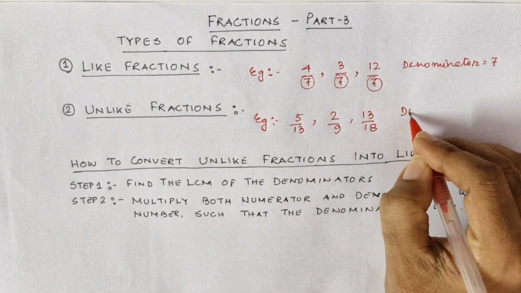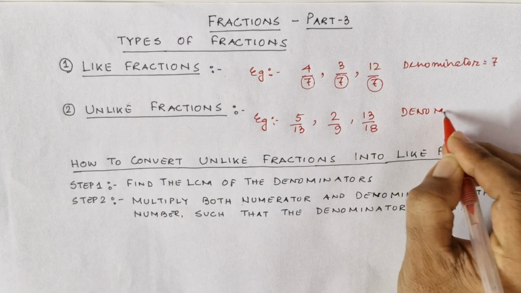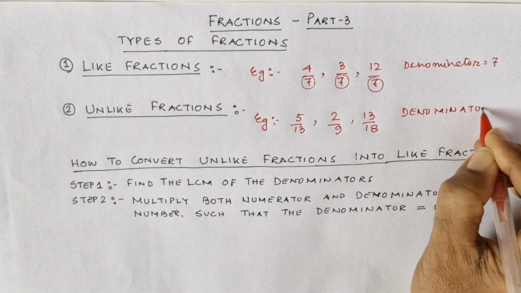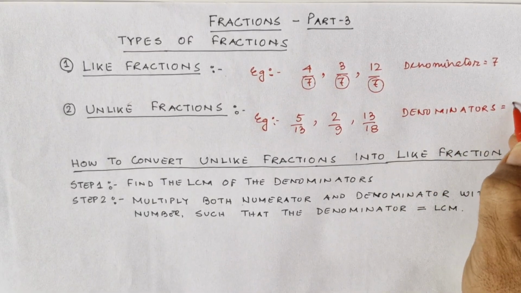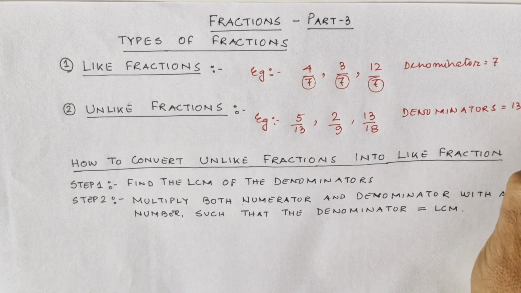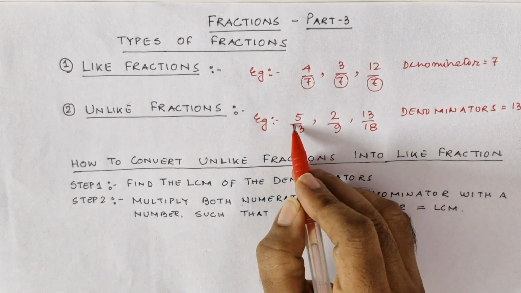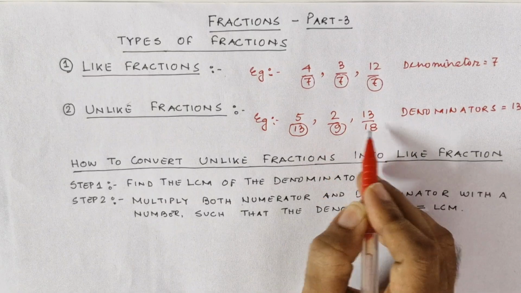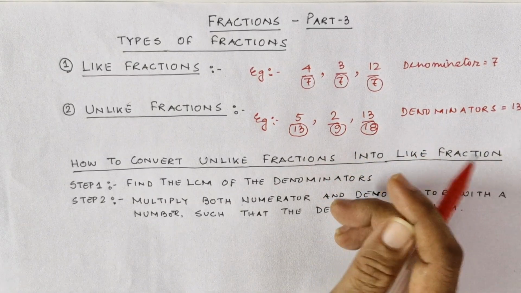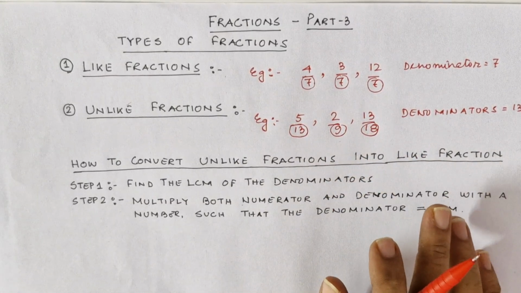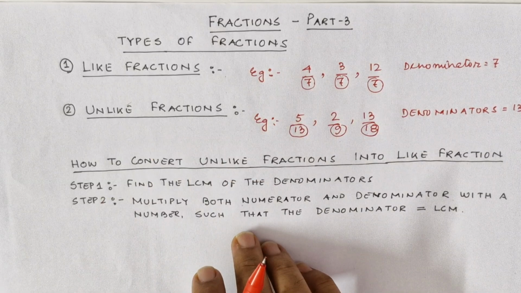Why? Because 13, 9 and 18 are all different denominators. This is the basic difference between like fractions and unlike fractions.